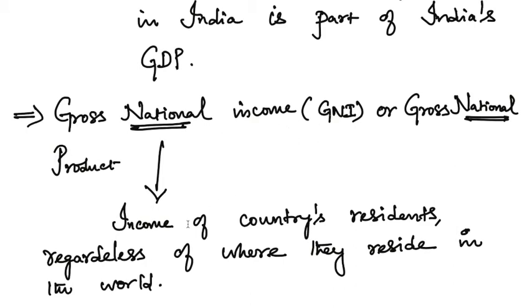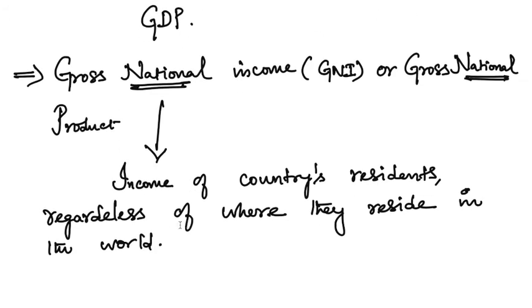So it's basically the income of a country's residents, regardless of where they reside in the world. Here, what you have to pay attention to is the term "national." National means it does not matter where the country's residents are living in the world.